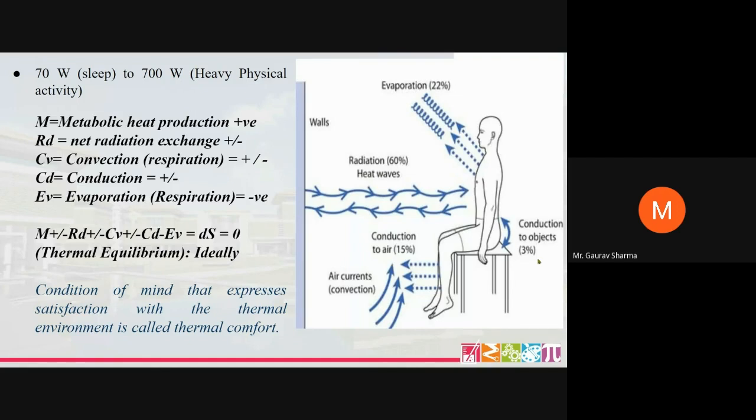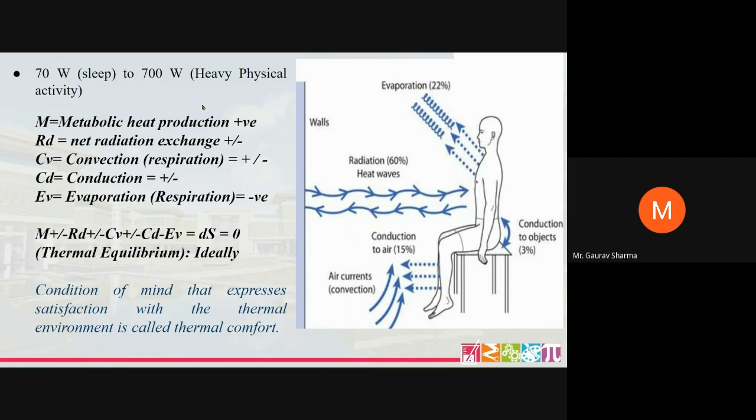So with that scientific knowledge, you can consider that there is evaporation from your body. That is always negative because it is releasing. Evaporation means it is releasing from your body, so it is always negative, right? Whereas the other parameters may be positive or negative.